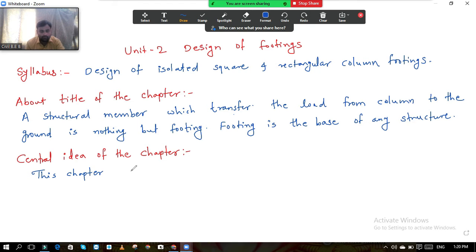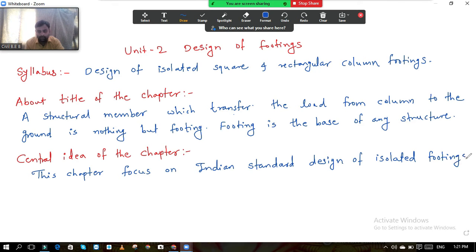This chapter focuses on Indian Standard design of isolated footings and its basic terminologies.